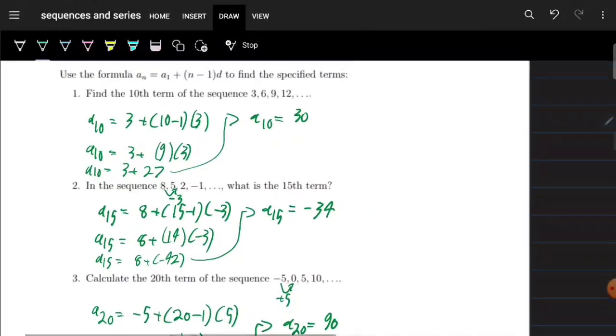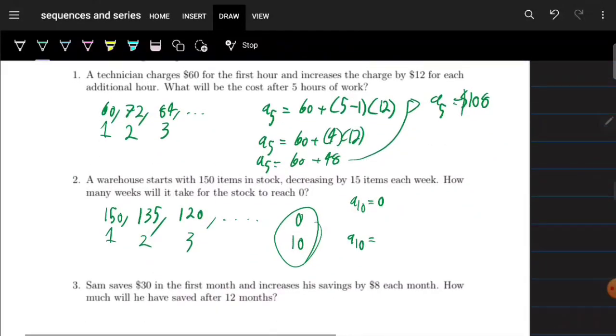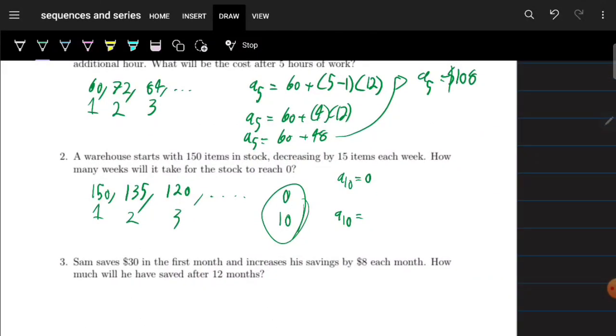So that's this formula. And see for which term number we would get 0. So we don't know if the 10th term is 0, right? So we'll call this n.